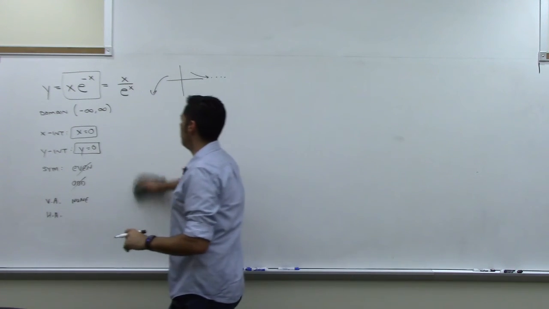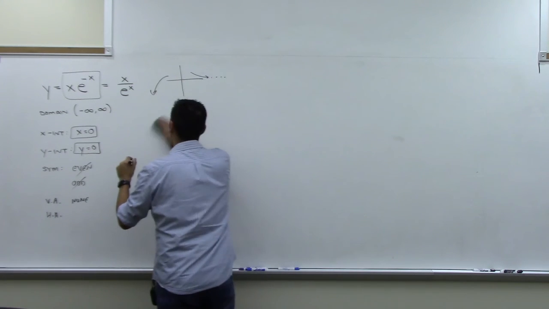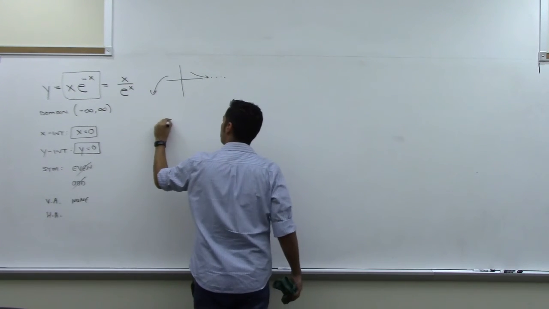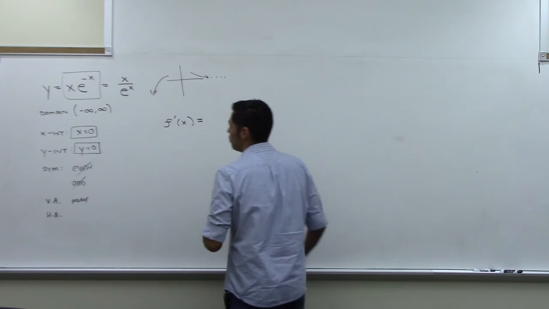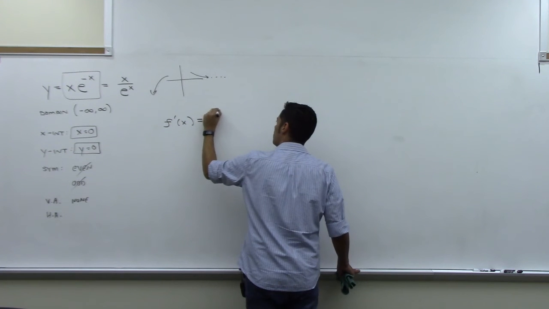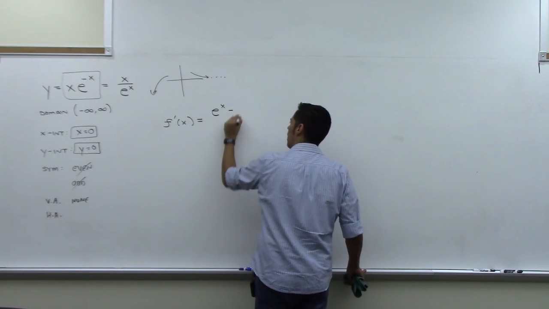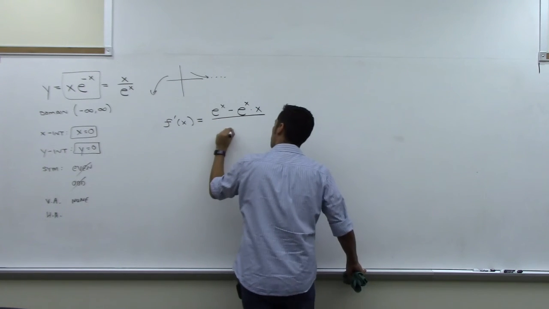So let's take some derivatives now. If I take derivative of this, say that function's f, and f prime of x is, you have some choices here. I'm going to do quotient rule on that. So derivative of the top is 1 times the bottom, minus the derivative of the bottom, which is itself, times the top, all over the bottom squared.